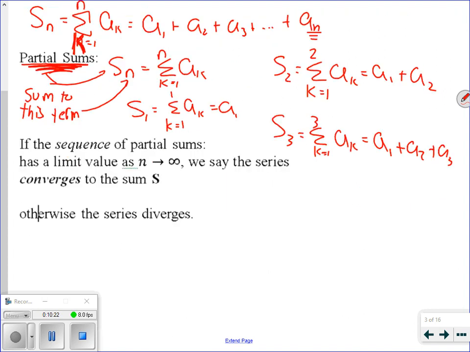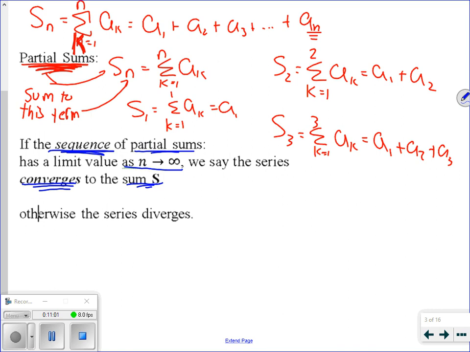Okay. Now, here is a thought that we really need to make known and understood. I know this is going to sound confusing, and I'm really going to try my best, especially in person, to explain the difference. If the sequence of the partial sums has a limit value as n approaches infinity, if it equals something, we say the series converges to the sum s.